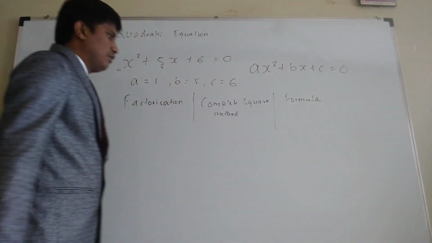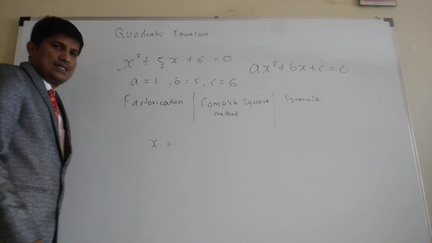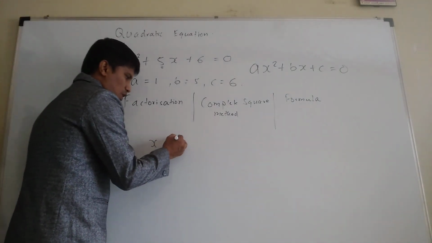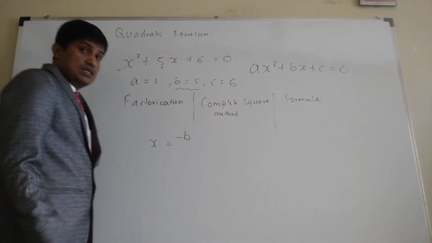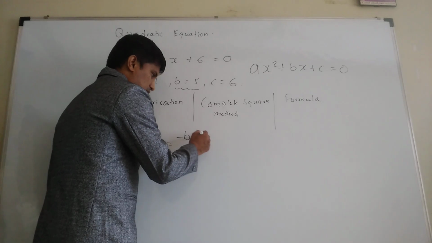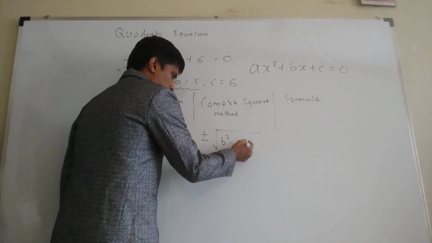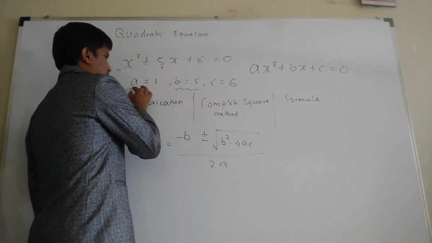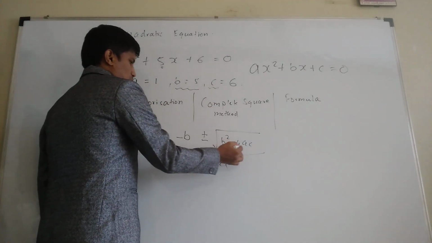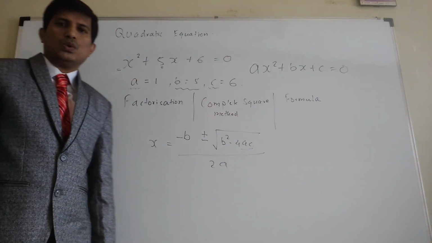So what kind of formula are we going to use? That is, suppose you have to find the value of x, then we need to put a formula: x equals minus b plus minus root of b square minus 4ac, divided by 2a. So a is included, c is also included over here, and it is divided by 2a.